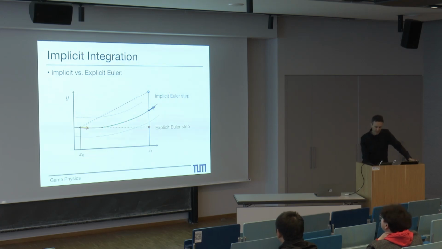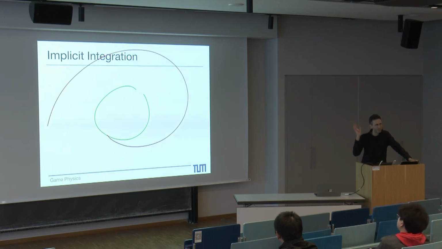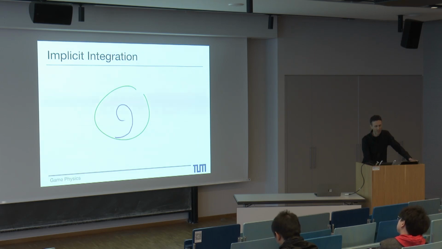And in some cases, this is actually desirable. So I had this example with the circle before, where we want to go in a circle, and the other one had this behavior of spiraling out and exploding. With these implicit methods now, you get the opposite behavior, that it spirals into 0.